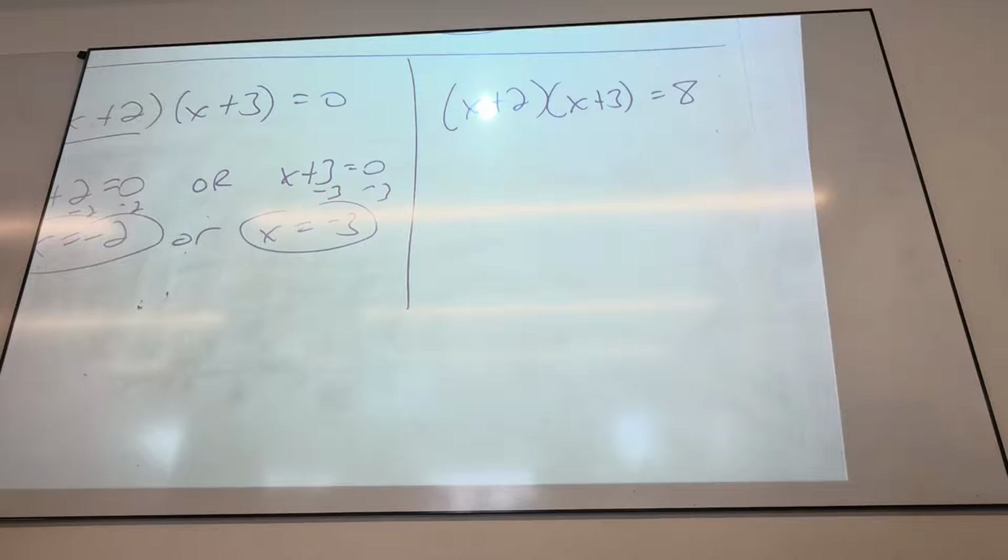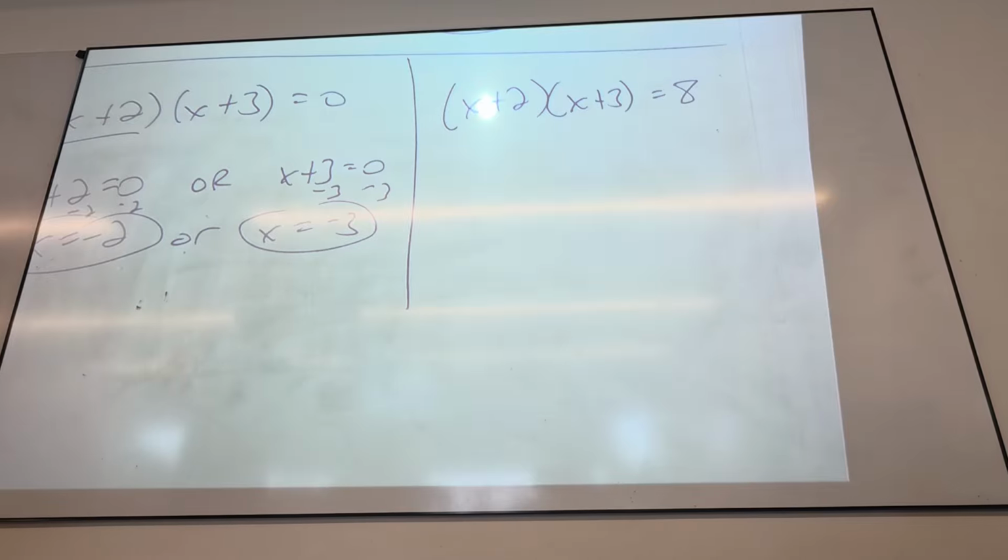Could one be 16 and the other 1/2? Yes. So when I have a squared in my equation, I very often want to get it equal to 0, because then when I factor, I can get exact answers. I don't just sit here and say it could be this, or this, or this. I want to know one of them is 0, and then I get the answers. Is everybody with me? That would suck bad.